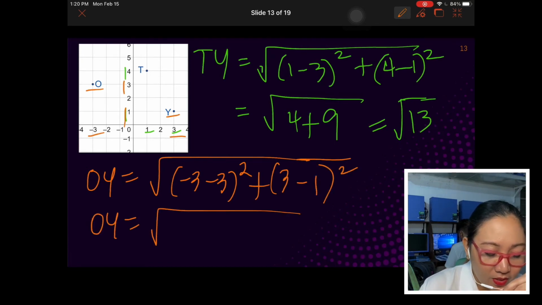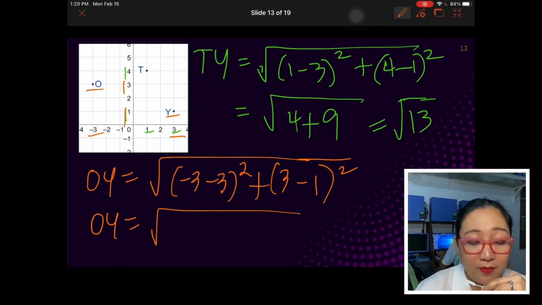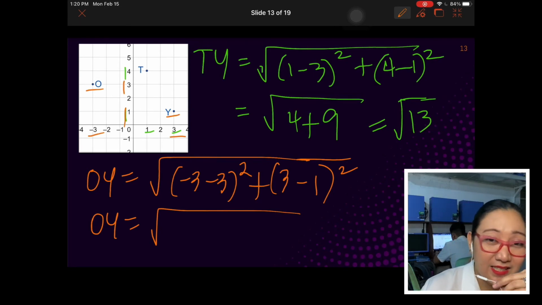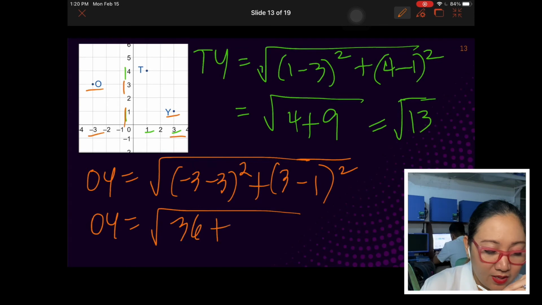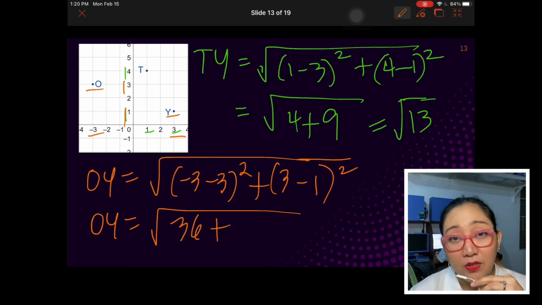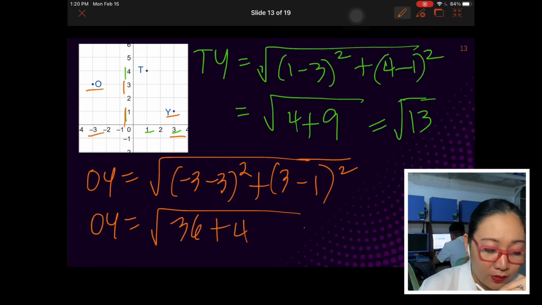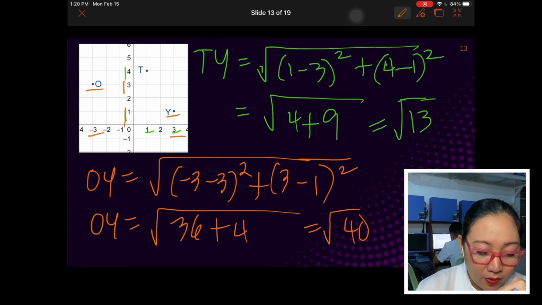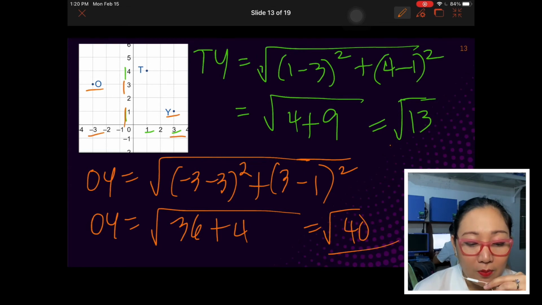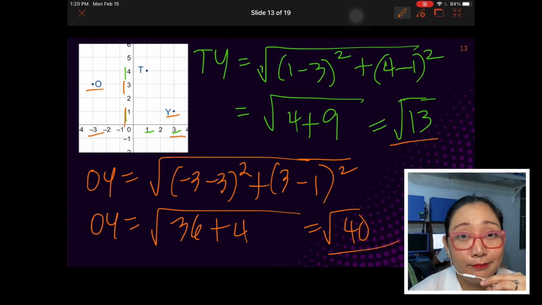OY will now be equal to negative 3 minus 3, that's negative 6, squared is 36, plus 3 minus 1, that's 2, 2 squared is 4. We get square root of 40. Ito pa lang, nagmumukha ng, ano kaya to? Pero may isa pa kasing side. Huwag pa tayong mawalan ng pag-asa. Kailangan isolve natin yung isa pang side.